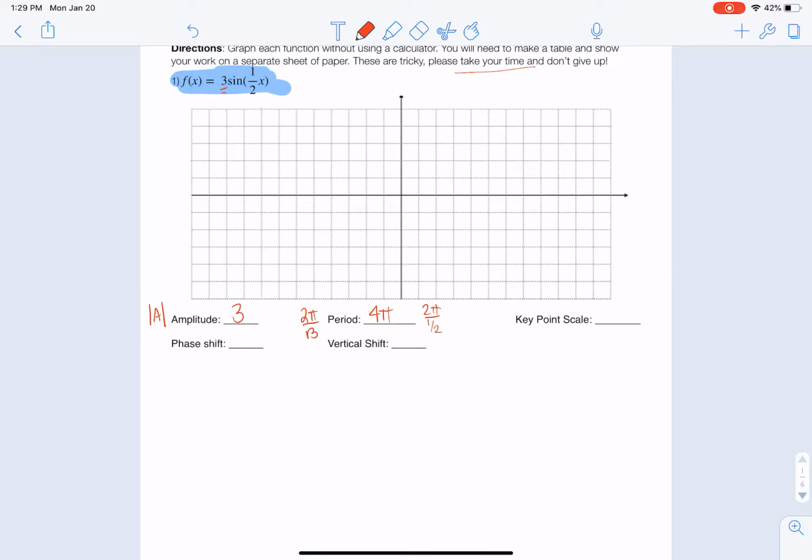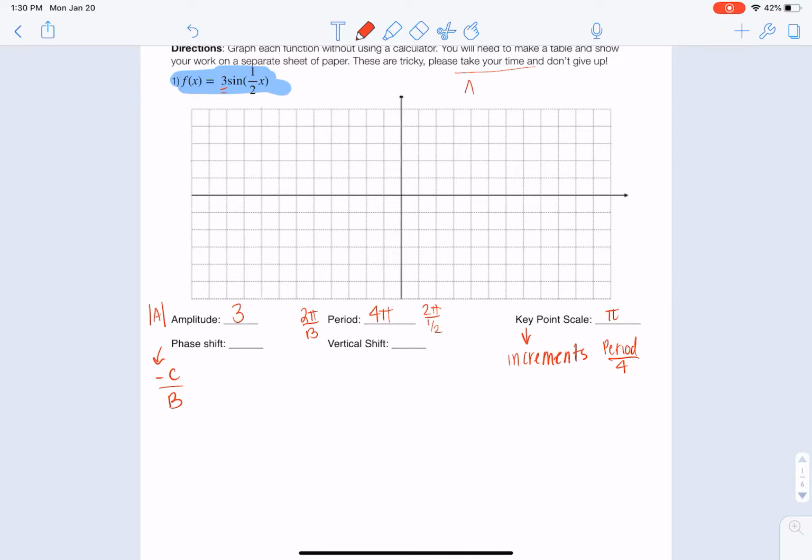We'll talk a little bit more about this key point scale, but this is just going to tell us what nice increments to go up by each time, and we'll do this by taking my period and cutting it in 4 chunks. So 4 pi divided by 4 is going to be pi. My phase shift here is negative c over b.